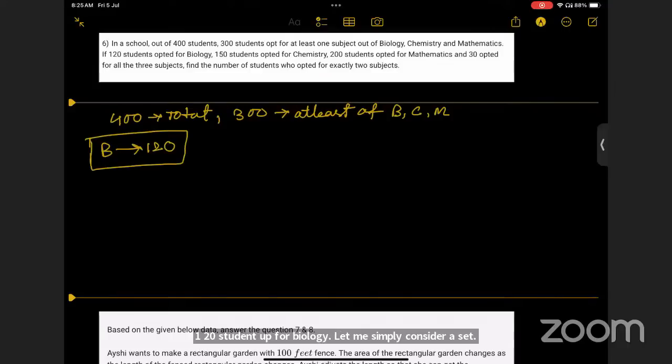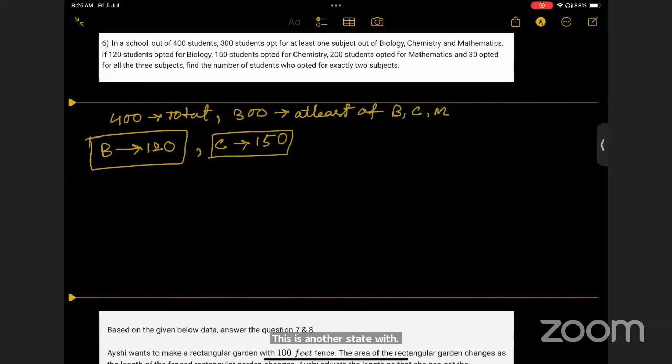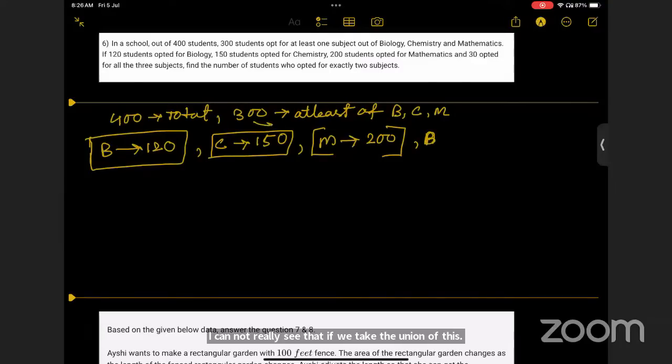This is another set with 150 students for chemistry. And for mathematics, we have another set. You can clearly see that if we take the union of these three sets, let it be denoted as T. So if we take B union C union M, then we get T, the total set.